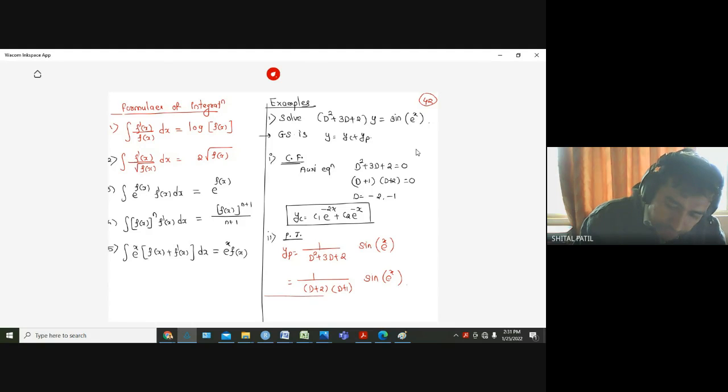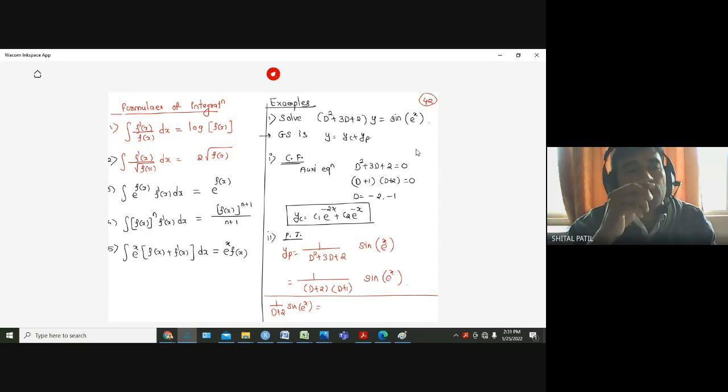Now tell me, if I operate 1 upon D plus 2, what I'll get? I wrote the formulas before some time. 1 upon D plus m operated on f of x is e raised to minus mx, inside the integral e raised to plus mx.